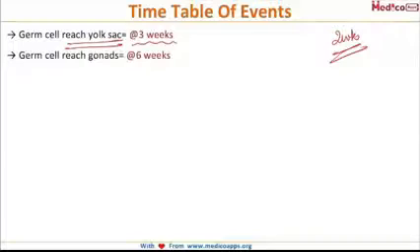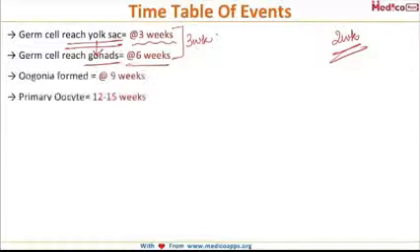After this, these germ cells have to migrate to their ultimate location, and that is the gonads. This migration, although it starts at the 4th week, is completed by 6 weeks. So you can see the difference is 3 weeks. The germ cells reach the yolk sac at 3 weeks and they reach the gonads at 6 weeks.